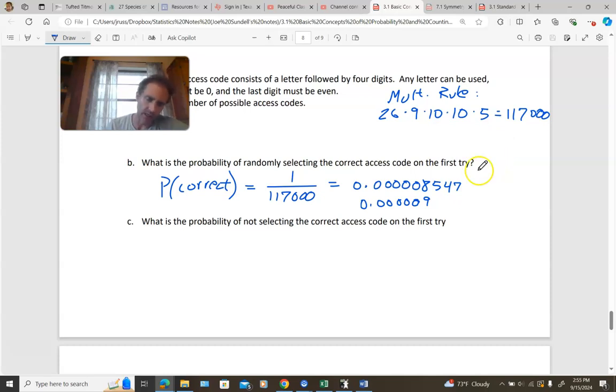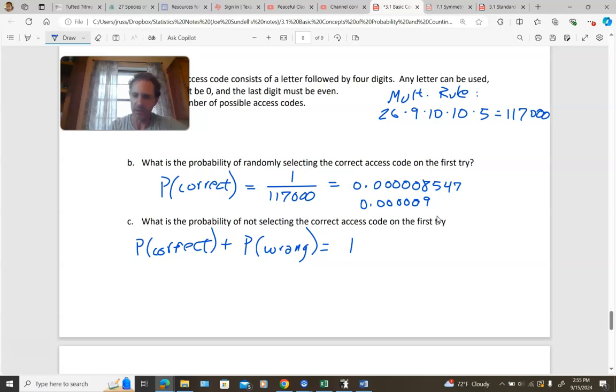All right, what about part C? What is the probability of not selecting the correct access code on the first try? Well, guys, now is when we're going to use that idea of a complement. So on the first try, 2 things are going to happen. You're either going to be right or you're going to be wrong. So the probability of being correct plus the probability of being wrong has to equal 1, okay?